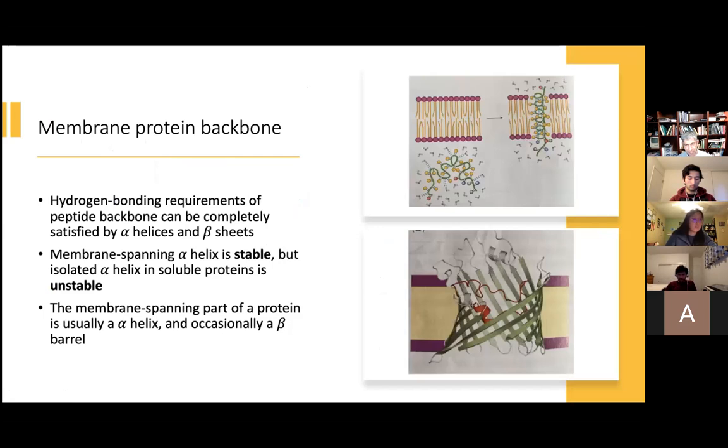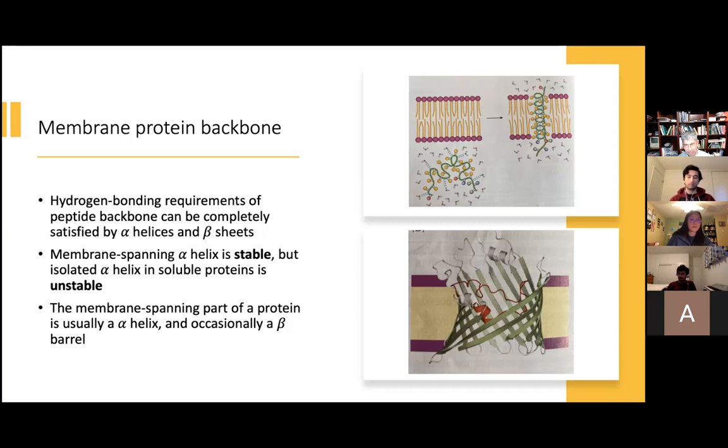So far we've been talking about proteins in solution, but what about membrane proteins? Remember that the membrane is a lipid bilayer, and therefore it's very hydrophobic. So it turns out that the hydrogen bonding requirements of a membrane protein can actually be completely satisfied by hydrogen bonding with itself.